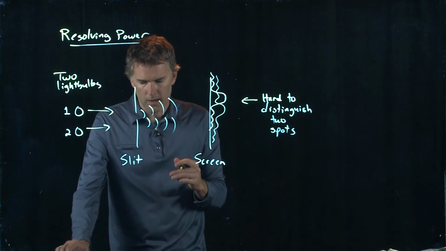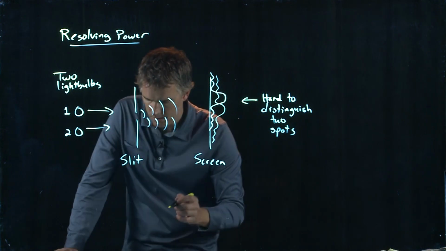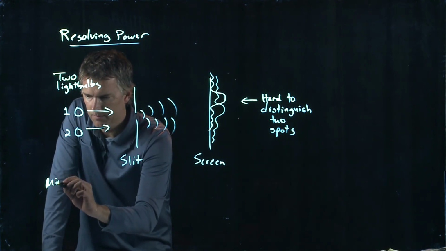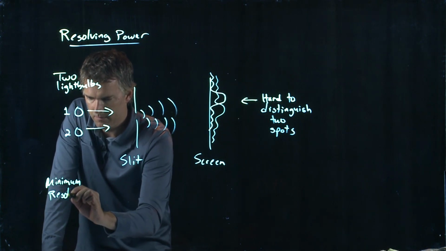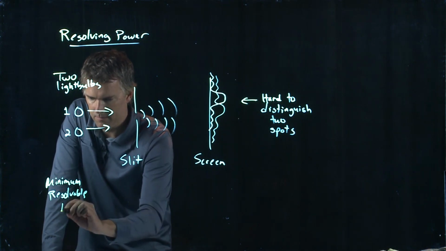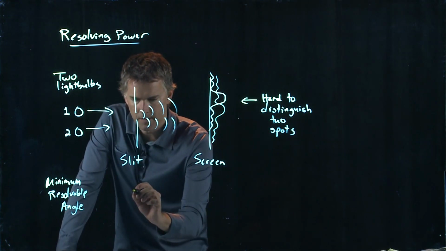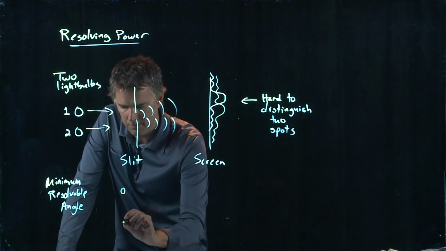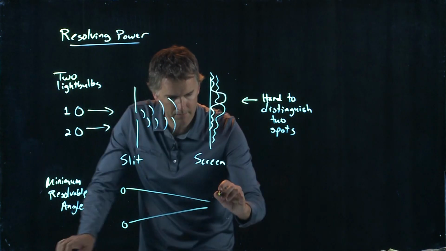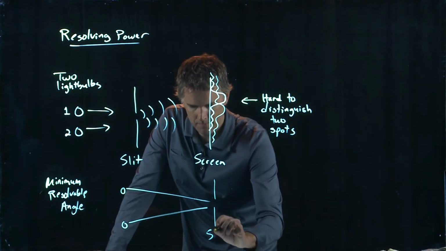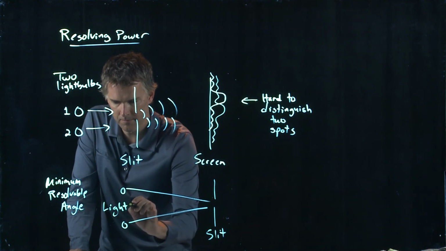So, how do we calculate the minimum resolvable angle? We do it like this. Let's just take a light source, a light source. It's coming into our slit. These are our lights.